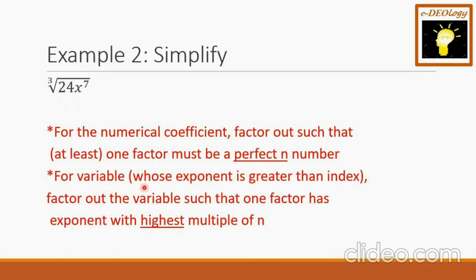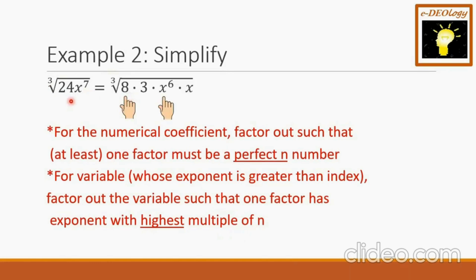For the variable whose exponent is greater than the index, in here our exponent of the variable is 7 and our index is 3. So the 7, the exponent, is greater than the index. We're going to factor out this variable in such a way that one factor has an exponent with the highest multiple of n, the highest multiple of the index.